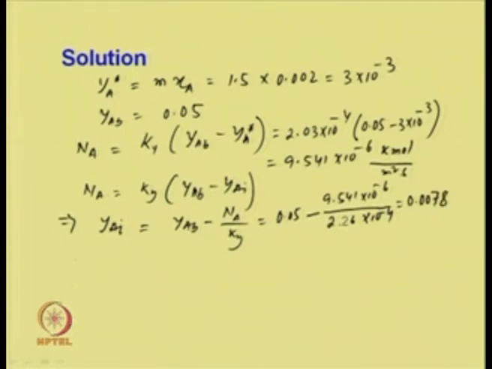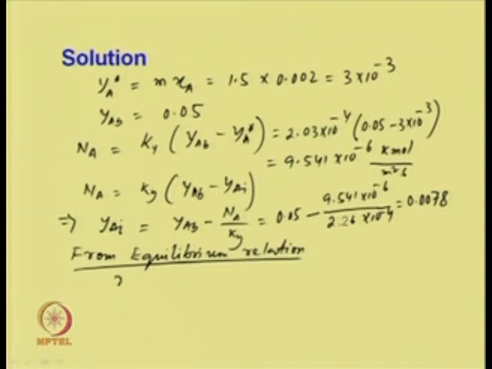And from the equilibrium relation, we know that x a I will be equal to y a I by m, which is equal to 0.0078 divided by 1.5, which is equal to 0.0052.